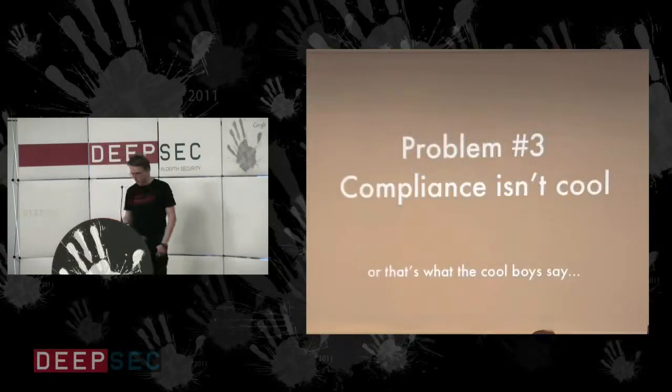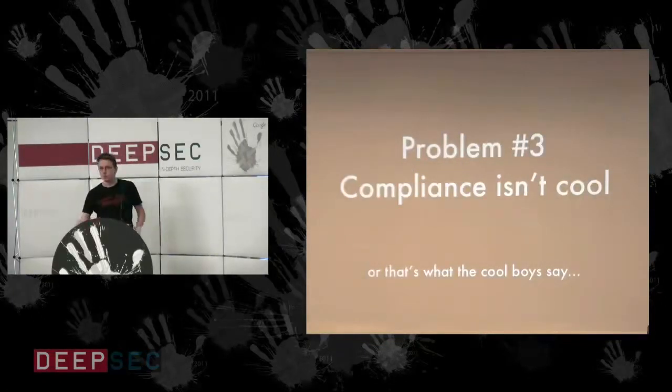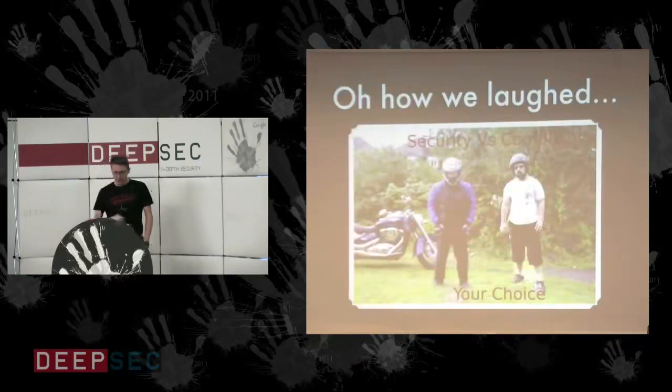And one of the bigger problems is compliance isn't cool. That's at least what the cool boys say. You've probably seen that film where that guy is sitting on a motorbike, and then he's putting all the leather on because that's what's making him secure.